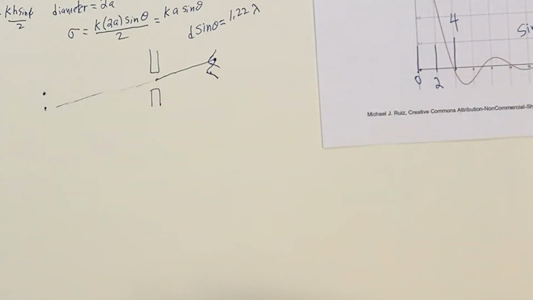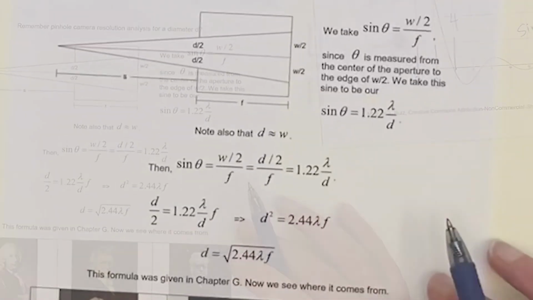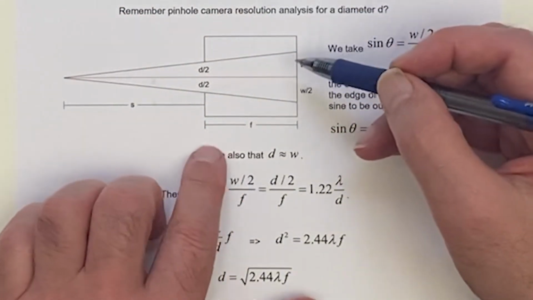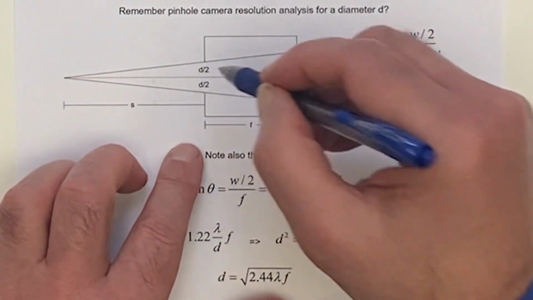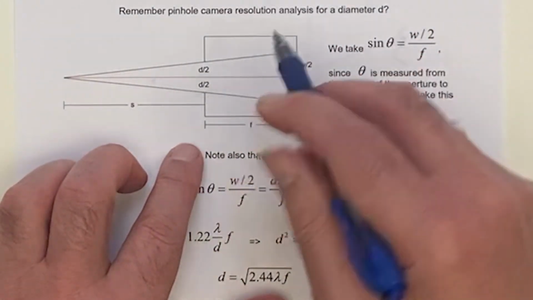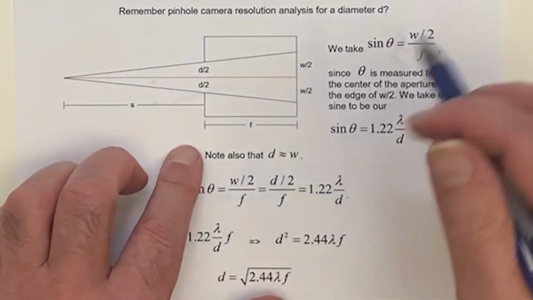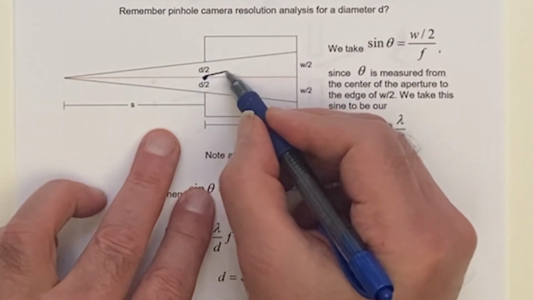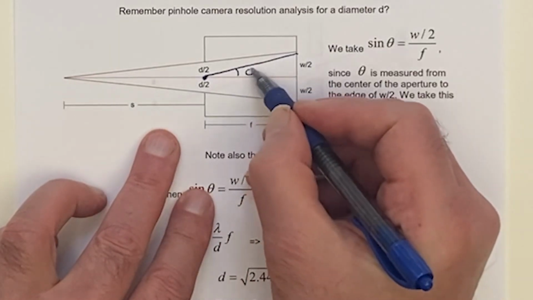Now, we talked about this earlier in our course when we had this diagram. We were talking about what's the best pinhole effect, because if the pinhole gets too small, you're going to get diffraction, and it's going to mess you up. If you put the center here and go up to there, that would be how you measure theta.